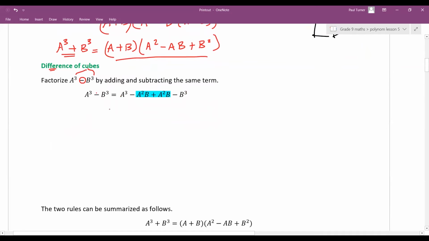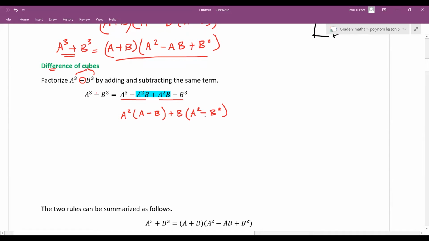So what we do then, just factorize again by grouping. Now we have a common factor a squared. We'd be left with a minus b. The common factor here is b. And then I'd be left with a squared minus b squared.